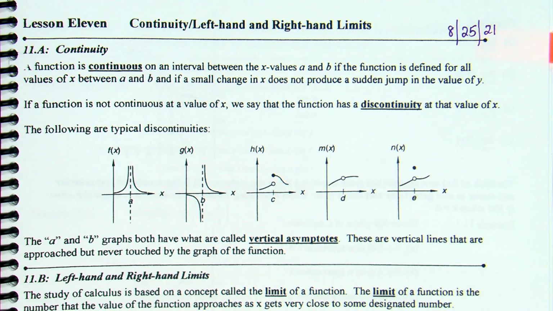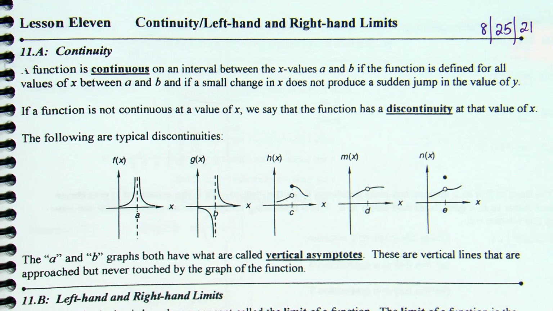There you go. Okay. We are talking about continuity today, and that is a huge topic in calculus and what it means for a graph to be continuous or to have continuity. And then we are also looking at limits, which you've seen a little bit over the years.